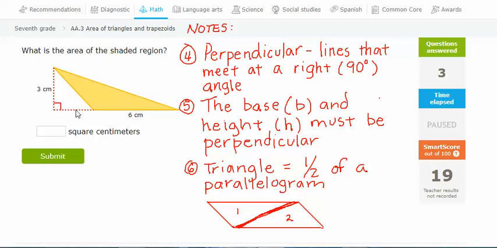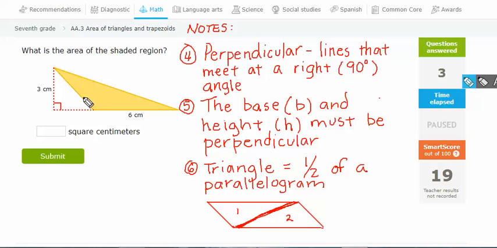And that is important because when finding the area of a triangle, the base and the height must be perpendicular. Okay, so you see how they extend the base out here to the left, and when they measure the height you have to measure straight up and down.